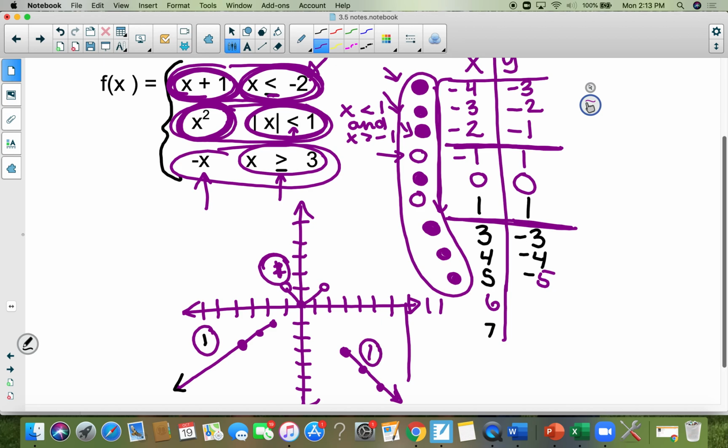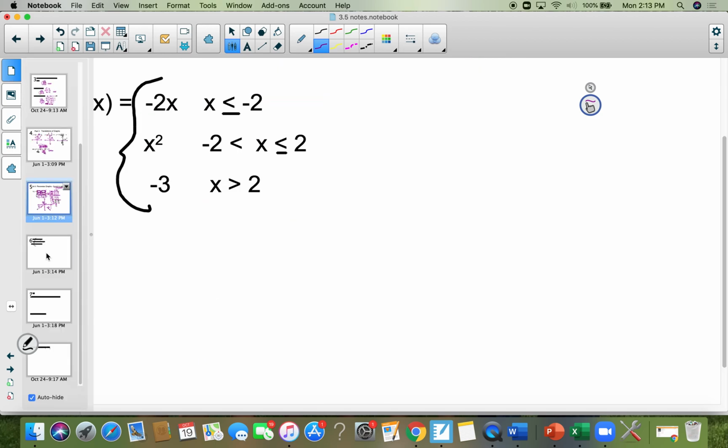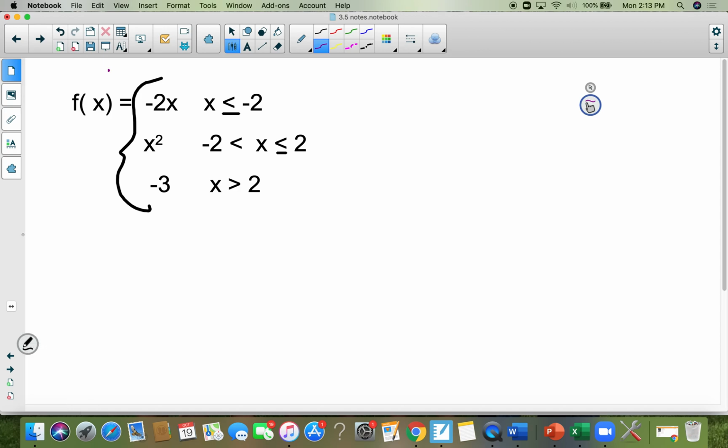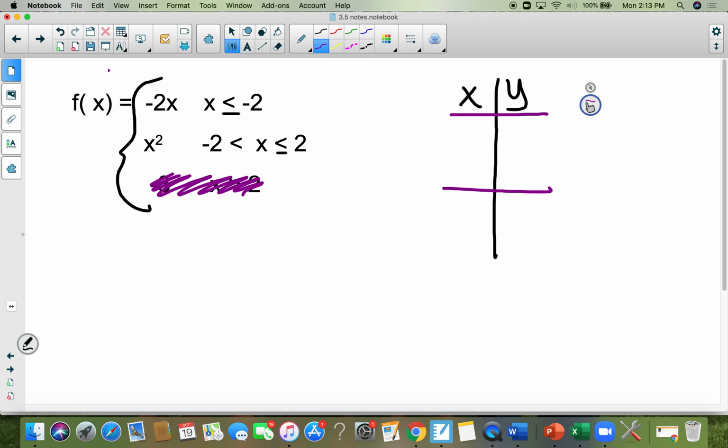So let's do one more on how to make a piecewise function. Let's pretend that that's not there. If you only have 2, you'd only need 2 sections, but we need 3 for this one, so that's why I'm going to make a 3 section.